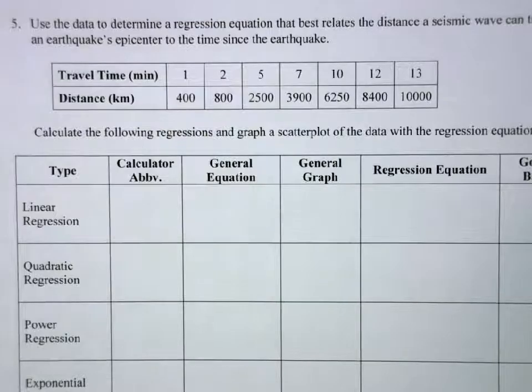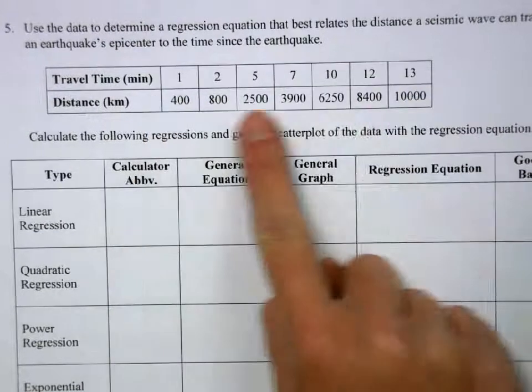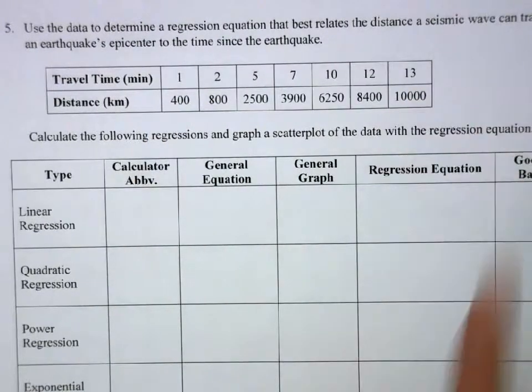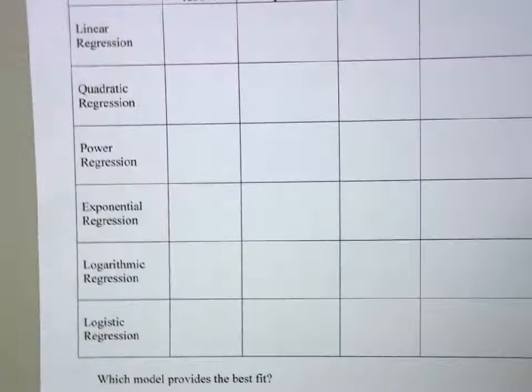In our final example, we're going to try to figure out what equation to use. So this is the distance a seismic wave can travel from the earthquake's epicenter to the time since the earthquake. So this is the time, and this is how far it has traveled. So there's all these different types of regressions.